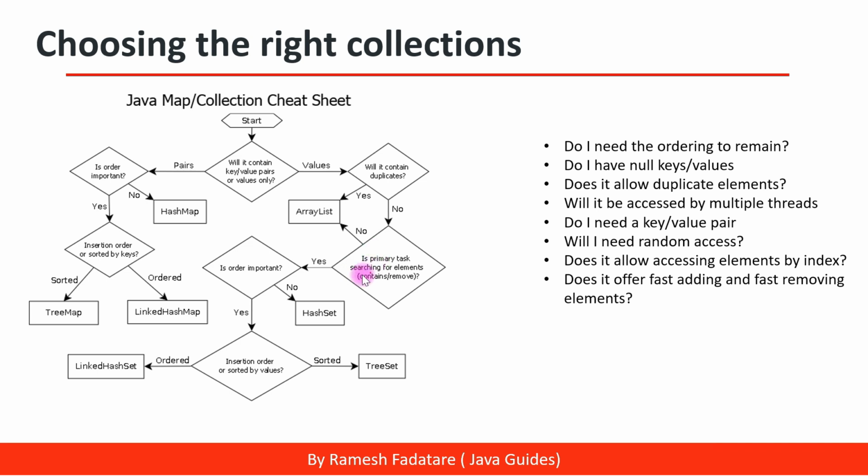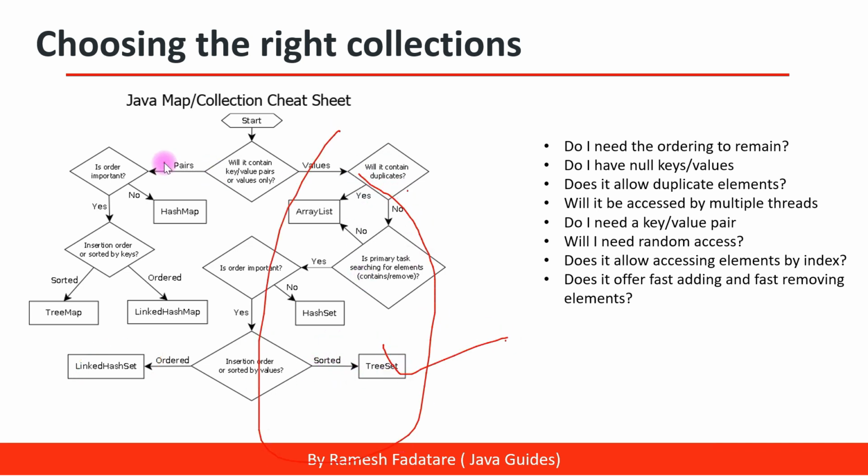And again here you need to ask, if order is important, then go for LinkedHashSet. If sorting is important, go for TreeSet. So just remember, if you want to store duplicate elements, go for ArrayList, which is very fast. If you don't want duplicates and order is important, go for LinkedHashSet. And if you don't want duplicates and sorting is important, go for TreeSet.